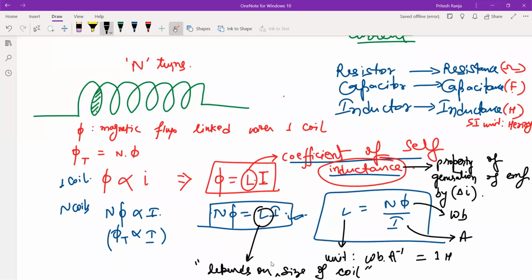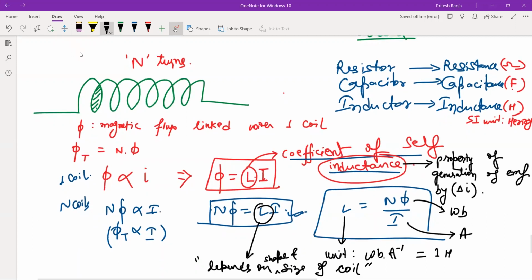Shape भी लगा देते हैं. Shape and size of coil. Okay, so all will write this quickly.